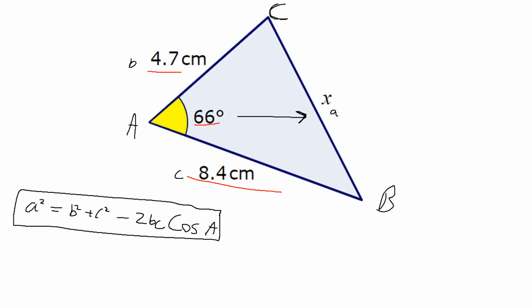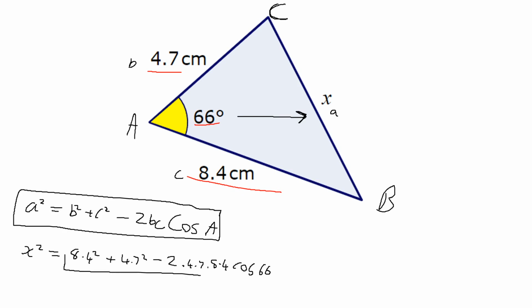A squared, in this case x squared, is going to be equal to, remember how I said B and C don't matter? They don't matter. So we can say 8.4 squared plus 4.7 squared. It doesn't matter because both of them are positive. Minus 2 times 4.7 times 8.4 cos 66. So when we plug that into our calculator, we should get what x squared is equal to.